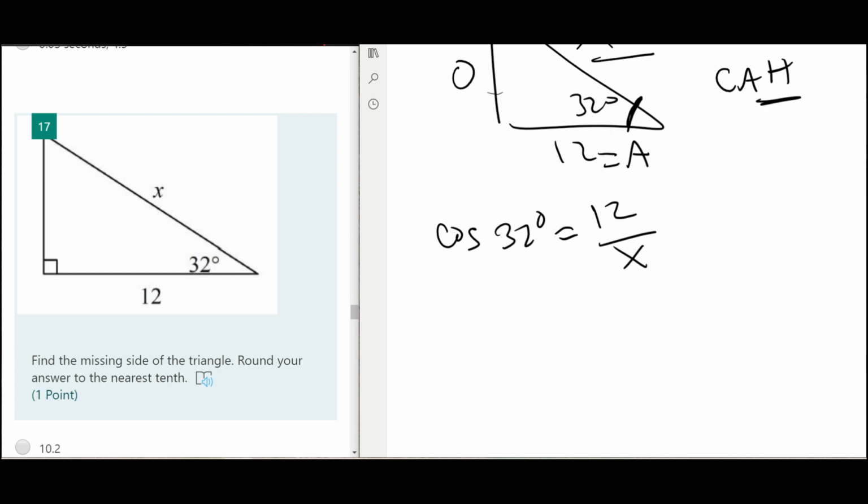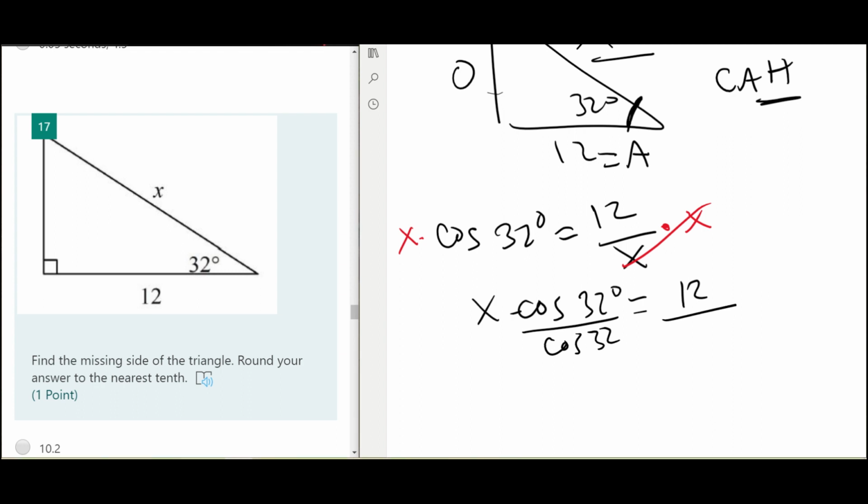Now we've got to solve that equation. Let's move the x over to the other side by multiplying. Now we're left with x cosine of 32 equals 12. Then we simply divide by cosine of 32 on both sides.